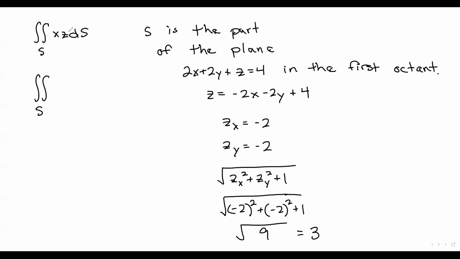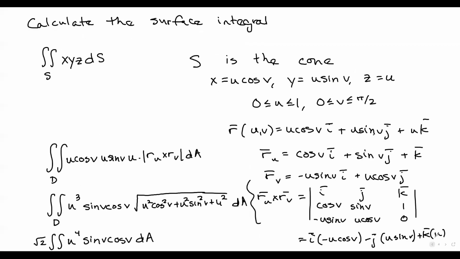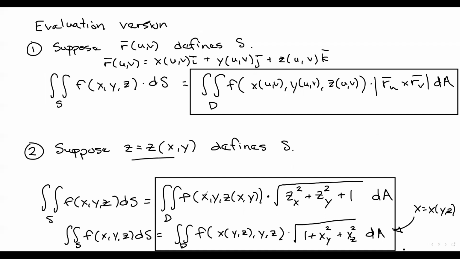When you make your changes to your function, in this case this is the function, you need to replace z with what the surface is defined as. Why is that? If you go back to our original equation, the goal is to get everything in terms of 2 variables. We can't have 3.